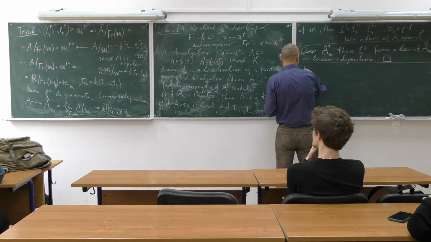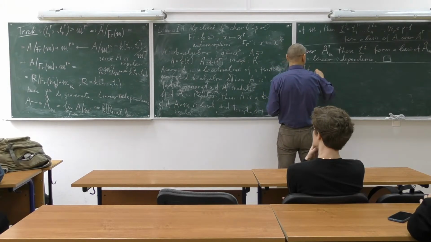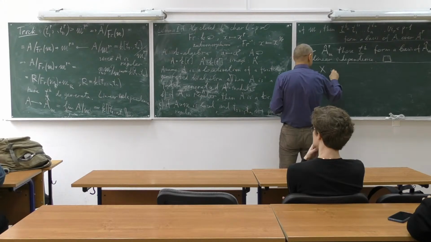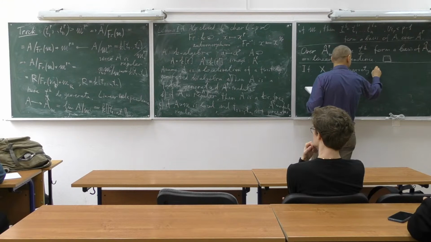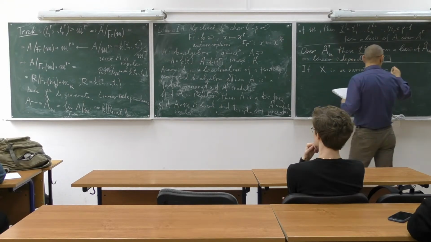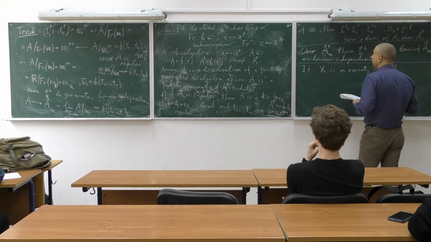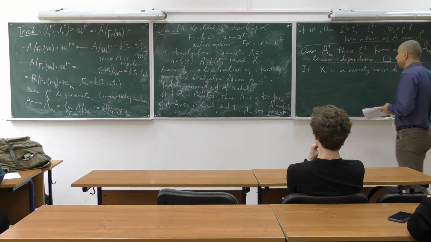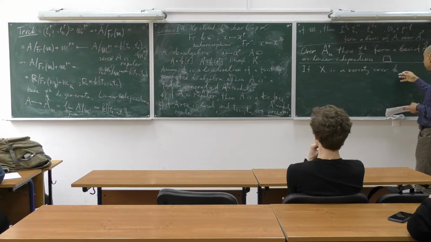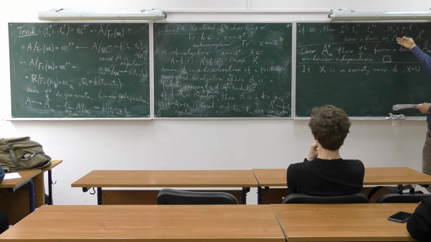So if X is a variety over K, our ground field, then it looks locally like the spectrum of such algebras.